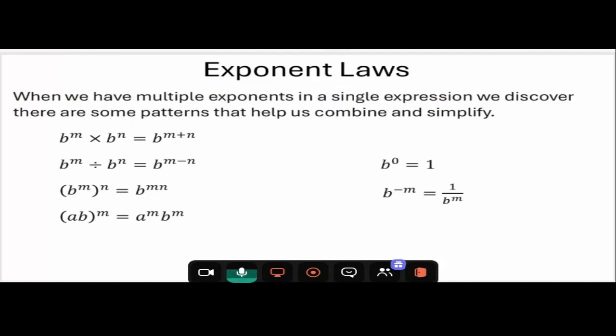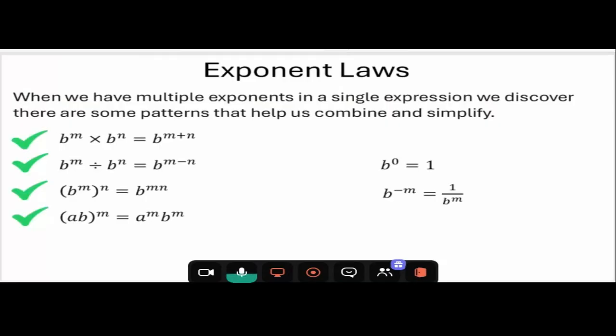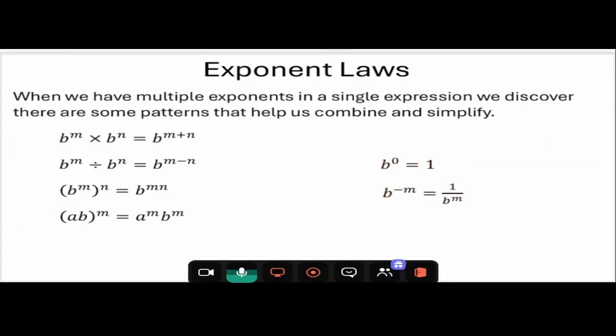Okay, so there are our laws again that we put up earlier. We've done the four on the left, and we're going to save those two for the next lesson. If you are good at taking screenshots, you can screenshot that if you'd like.